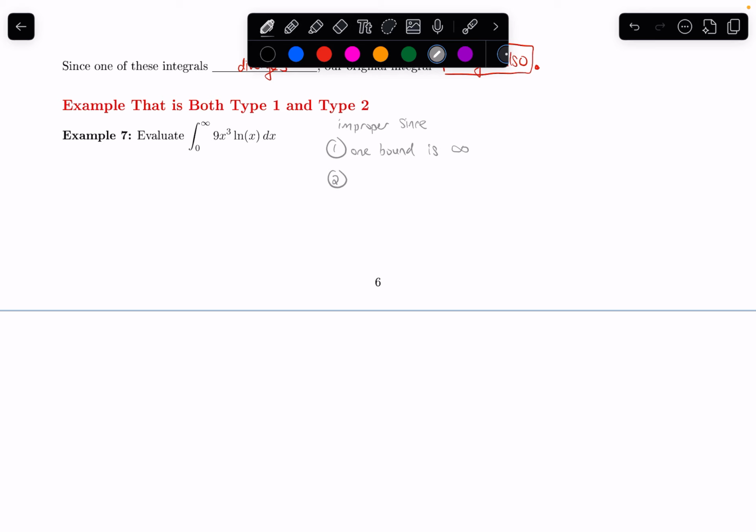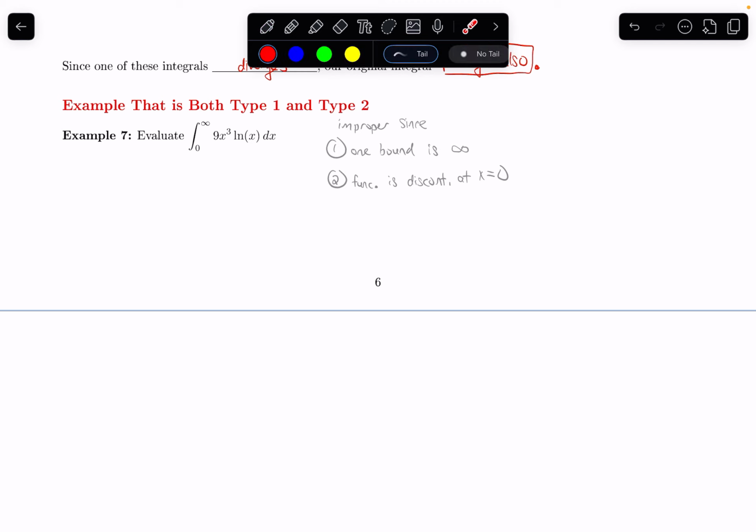But there's a second reason it's improper, and that's this function ln of x is discontinuous if you plug 0 into it. Like ln of 0 is undefined. So as a result, this whole function that I have here is undefined if you plug 0 in. It's going to be discontinuous there. So our function is discontinuous at x equals 0.